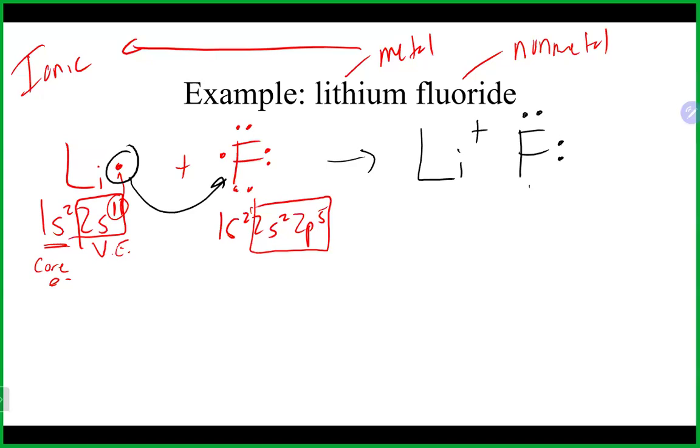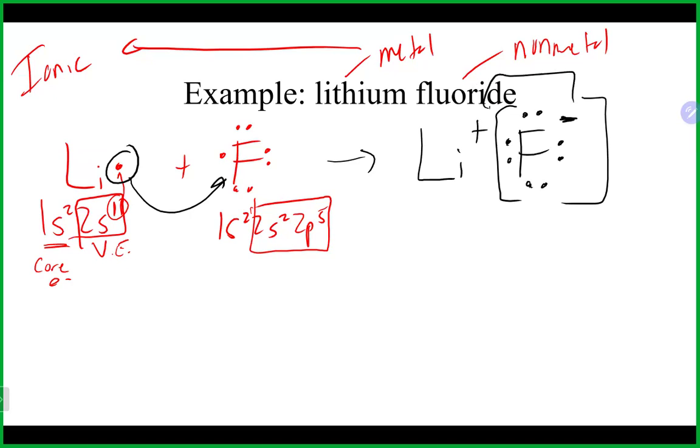It will gain 1 electron, and as a result it now becomes negatively charged, with a -1 charge. That is going to form our ionic compound and our ionic bond between those two. Once again, there is no sharing of electrons here, just a transfer of electrons from the lithium to the fluorine. That attractive force between the positive and negative charged ions is what holds it together.